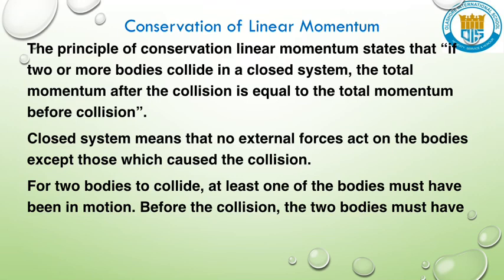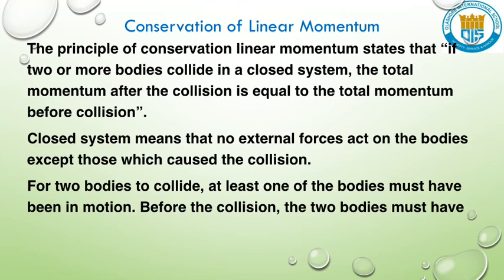So when a collision occurs, if we add up the momentum of the two bodies before the collision, and then do the same, add up the momentum of the two bodies after the collision, the answer we get in the same scenario must be the same.